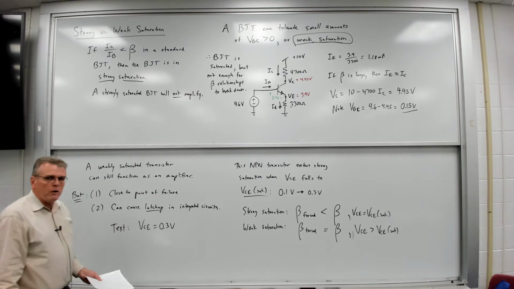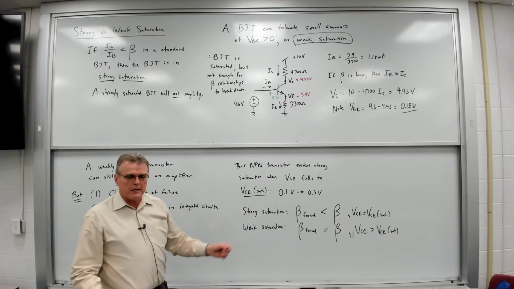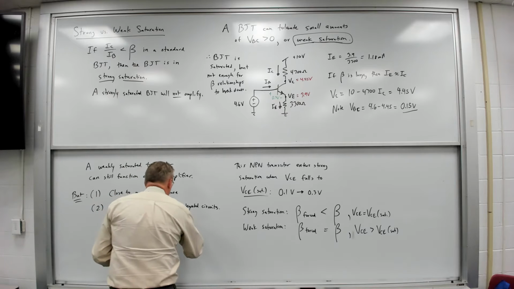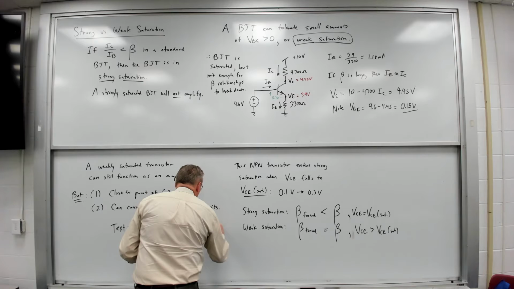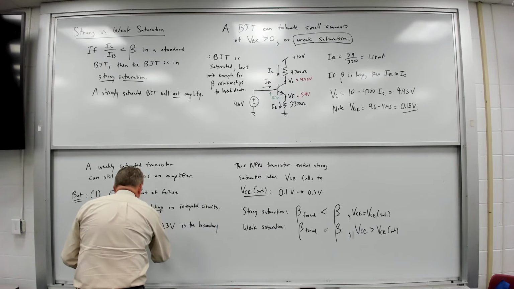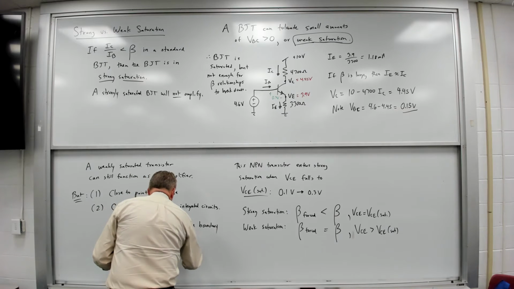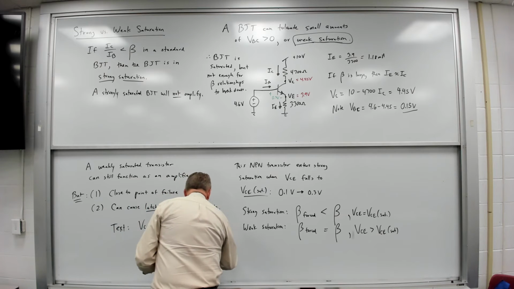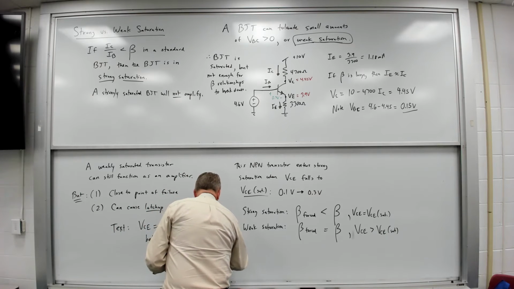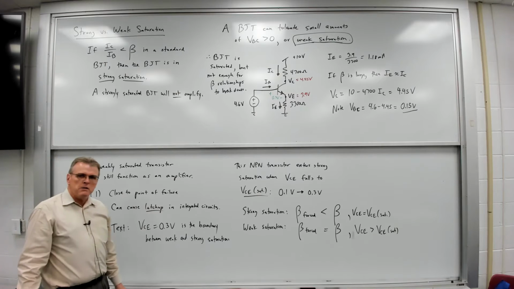So VCE at 0.3 volts, the book will typically treat that as the boundary condition between weak and strong saturation. So in working problems in the textbook, that is generally the boundary condition that the book will use.